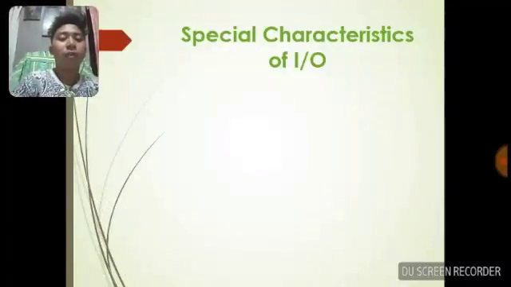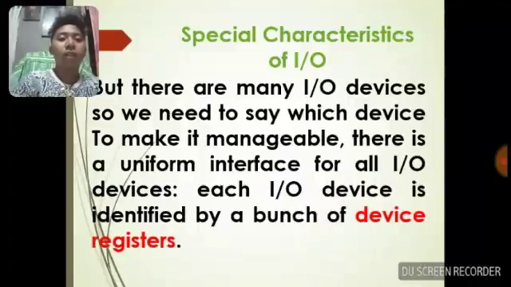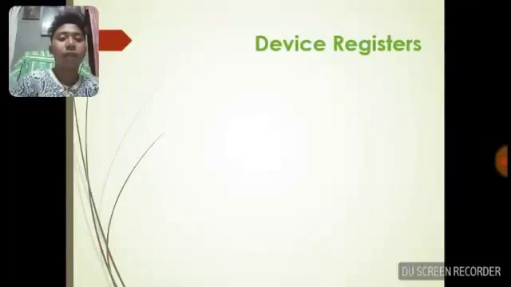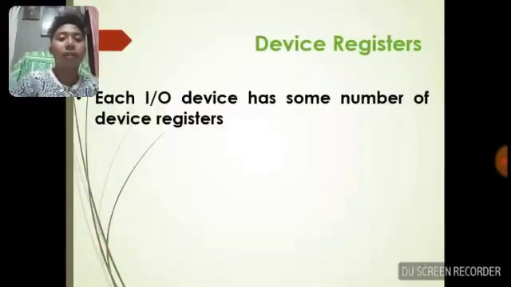But there are many input-output devices, so we need to say which device. To make it manageable, there is a uniform interface for all input-output devices. Each input-output device is identified by a bunch of device registers.